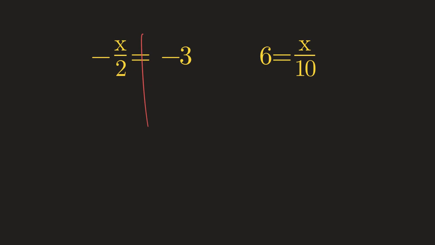Anytime the negative sign is in the middle of a fraction, it can either be associated with the top or the bottom, one or the other, not both. So probably what I would do is associate it with that 2. So that negative x over 2, I'm going to look at as x divided by negative 2.